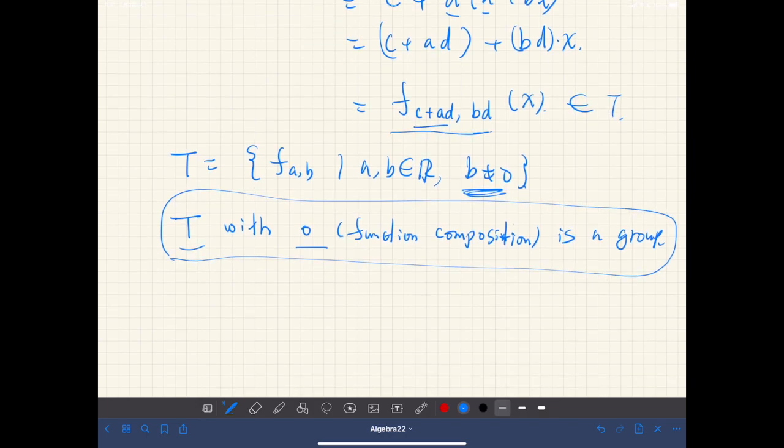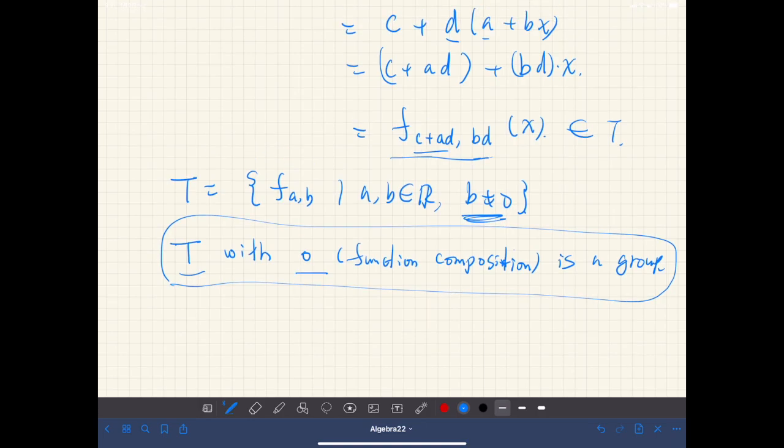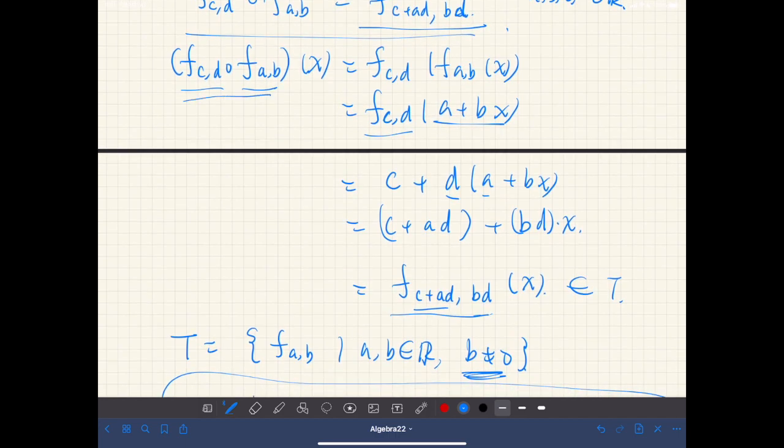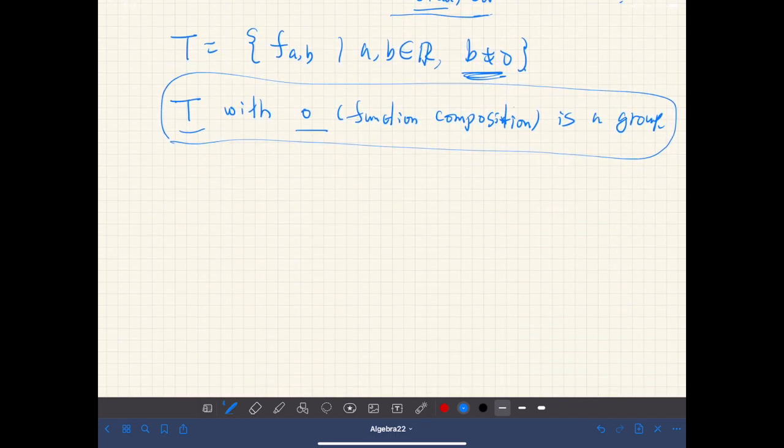So it is closed, and associativity should be immediate because function composition is associative. And what about the identity? We need to show the identity element exists, and we need to show the existence of inverse elements for each element.